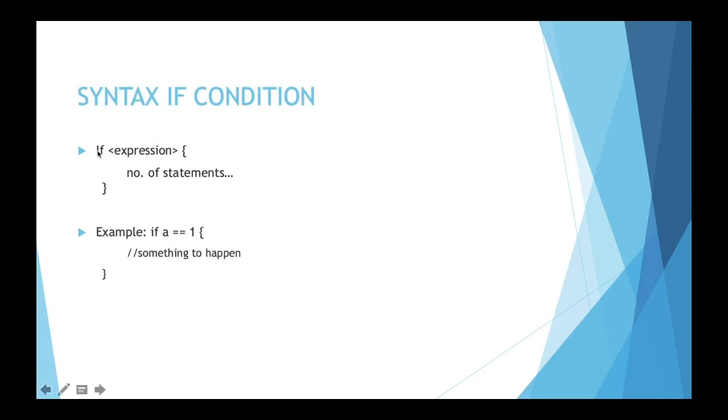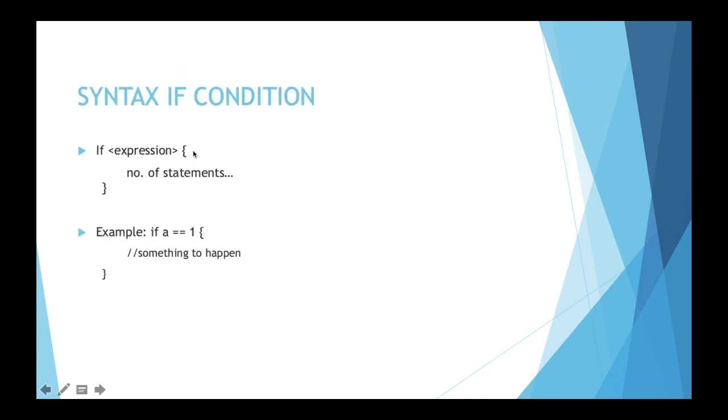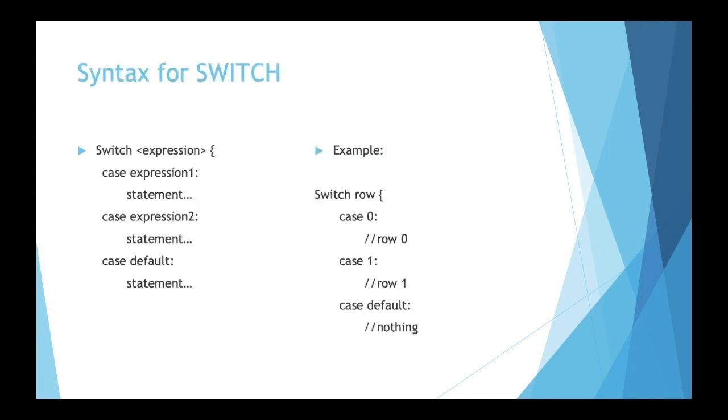If keyword will be there, space expression, and within the curly braces number of statements, right? As an example, you can see if a equals to 1, then something to happen, whichever the code is there within the curly braces, right?